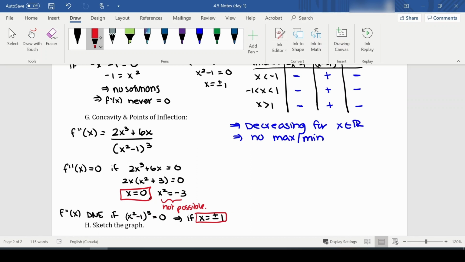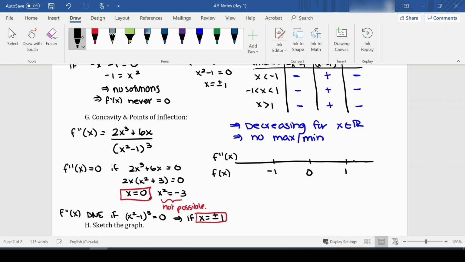So we can do something similar to what we just did for our concavity. Again, you can make a chart if you want because of this lovely fraction, or you can just do an interval test. It's up to you. If you can do it in your head, that's fine. So I've got f double prime, and this time I've got -1, 0, and 1. So I have 4 intervals this time.